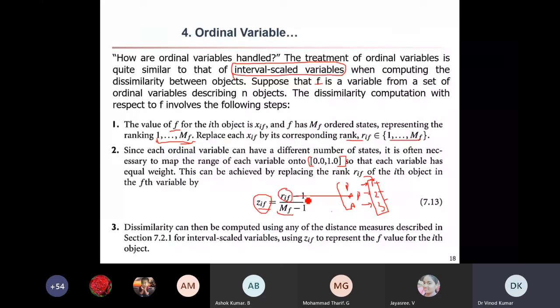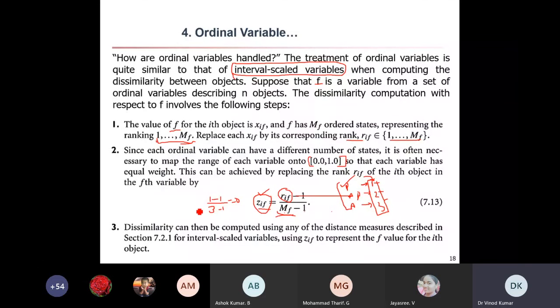For any variable, suppose I pick professor. How many M_f are there? 3, so 3 minus 1. For professor, r is 1, so the value is (1 minus 1) divided by (3 minus 1), and you will get 0.